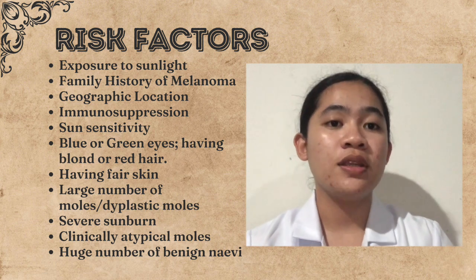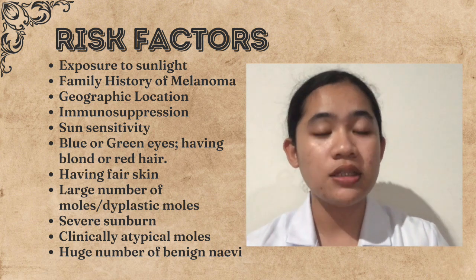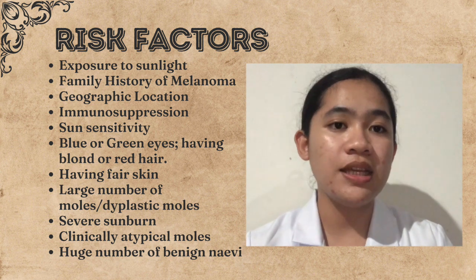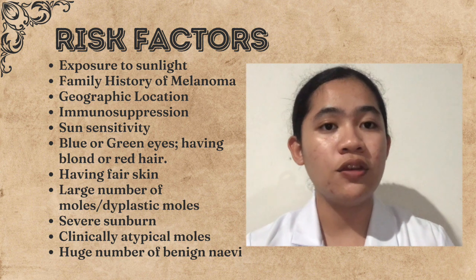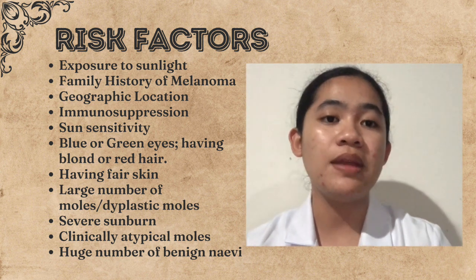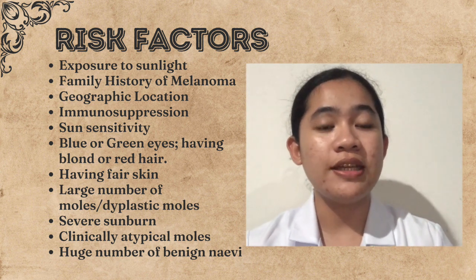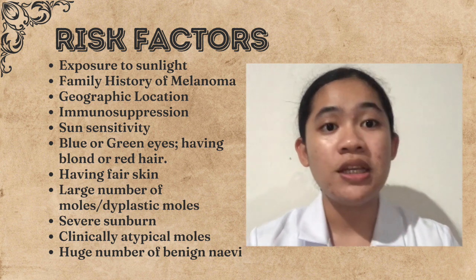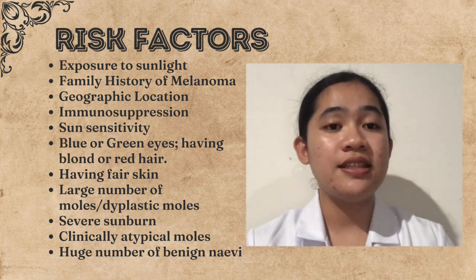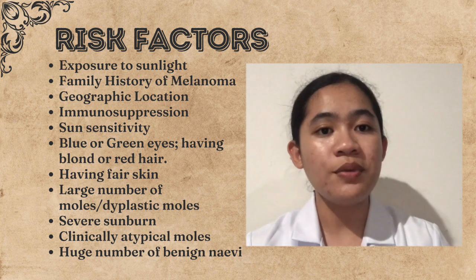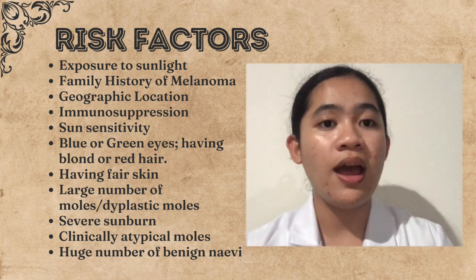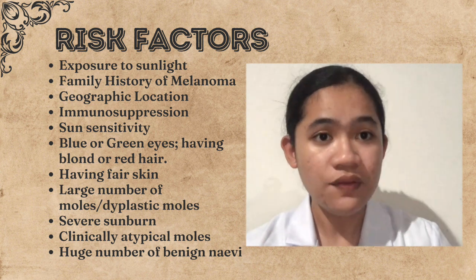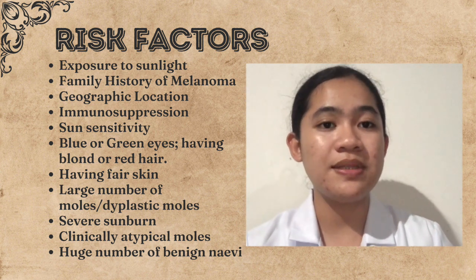Aside from sunlight-related risk factors, we also have family history of melanoma. Melanoma can run in families and can be called familial melanoma, which can run from generation to generation. It is said that 8% to 10% of individuals with melanoma have first-degree relatives or family members with the same skin cancer.